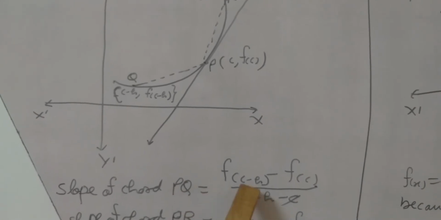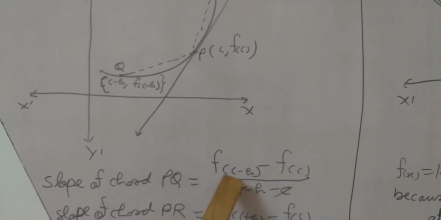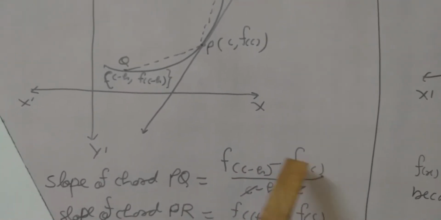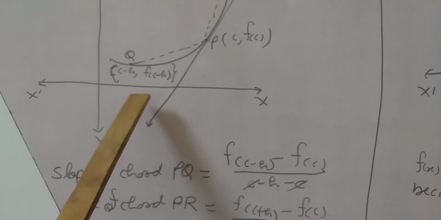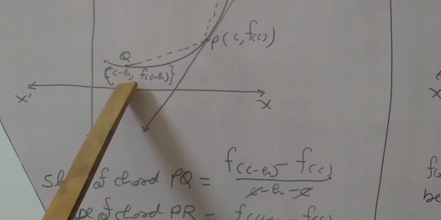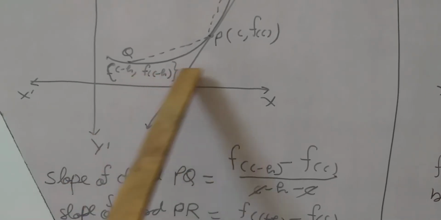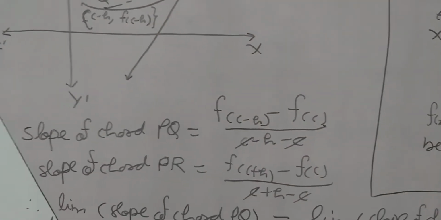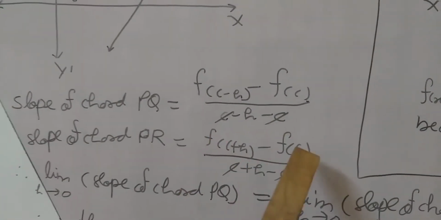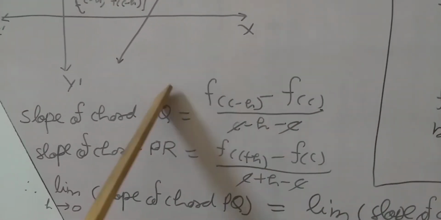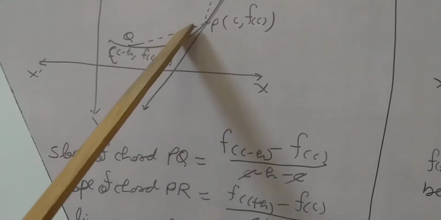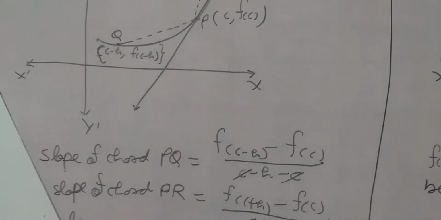Slope of PQ: y2 minus y1, f(c minus h) minus f(c), and x2 minus x1, x2 is c minus h, x1 is c. So students, in the denominator c and c cancel. So this is the slope of the chord PQ.